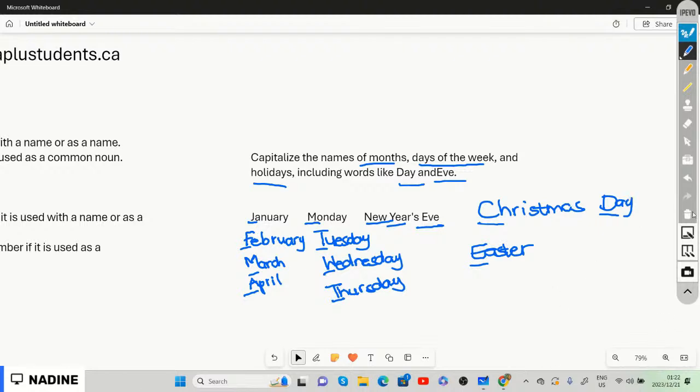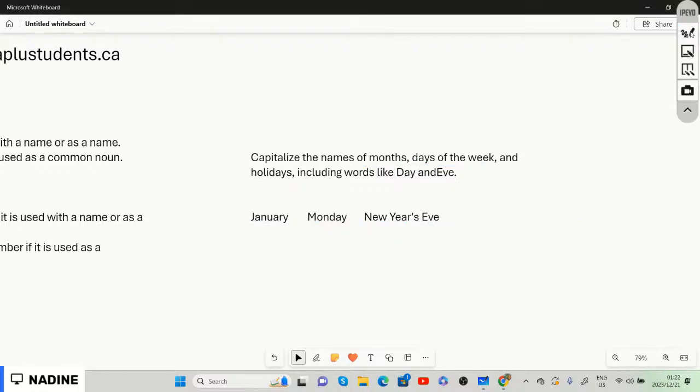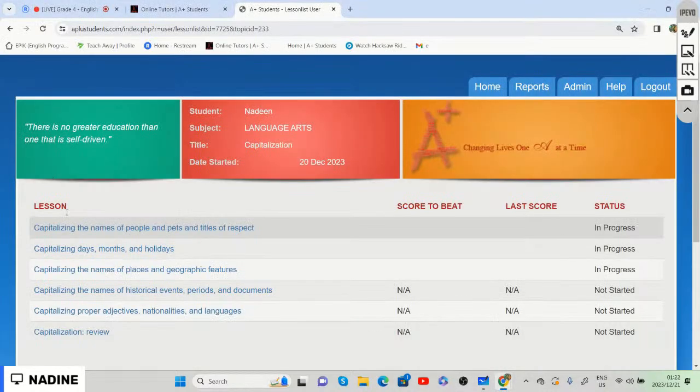All right, so now we're going on to aplusstudents.ca. And we're going into the first lesson where we are capitalizing names of people, pets, and titles of respect.